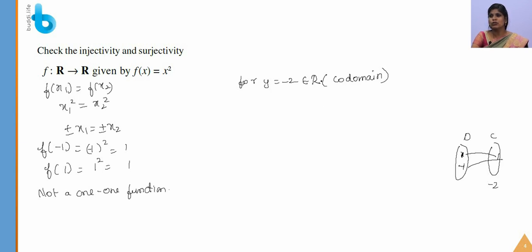For y equal to minus 2 from the codomain, there exists no x belonging to our domain such that y equal to f of x or f of x equal to y.